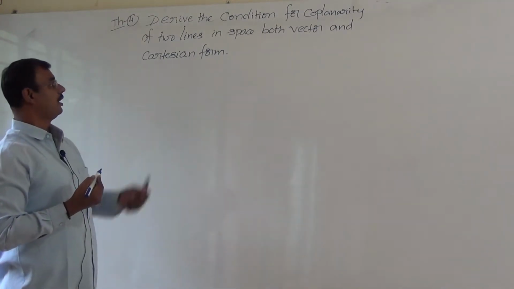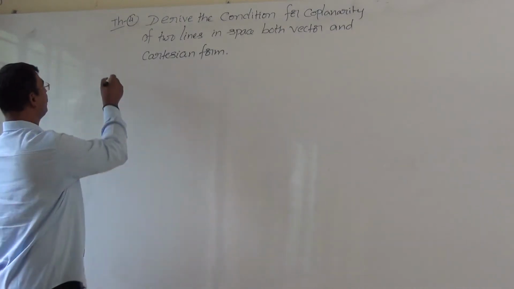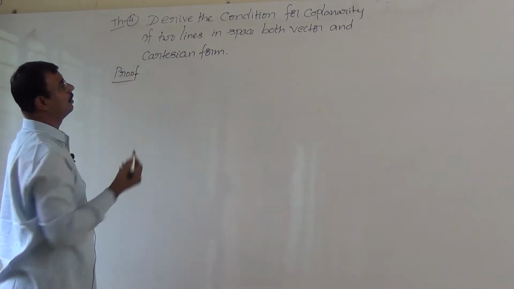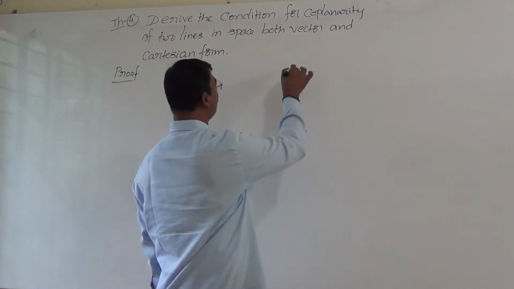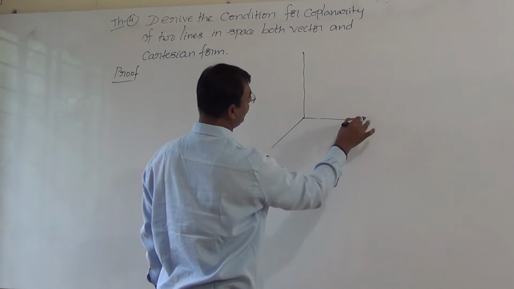So this is a very important theorem. How to derive this one? To derive this theorem, we have to follow the geometrical figure. That is, let us take three-dimensional geometry, 3D space.